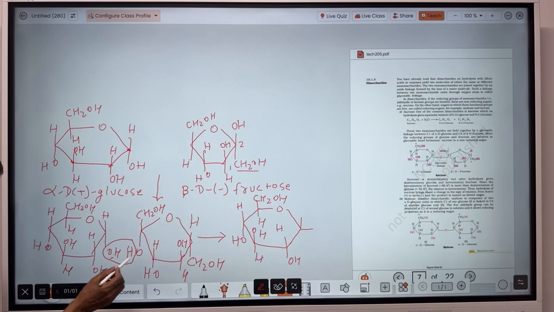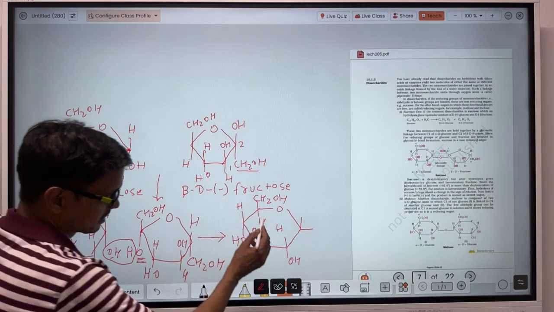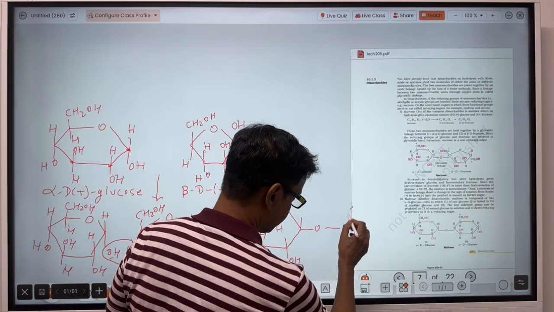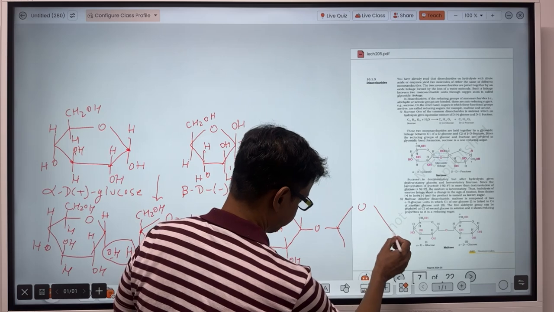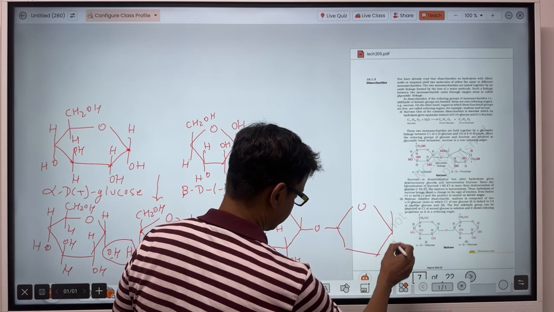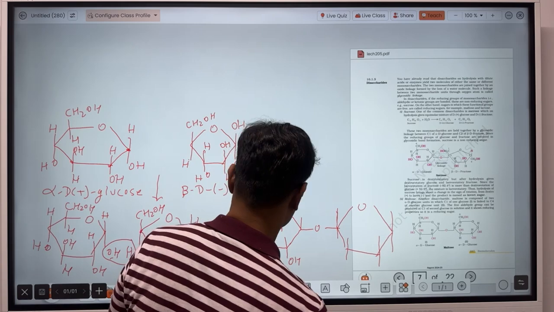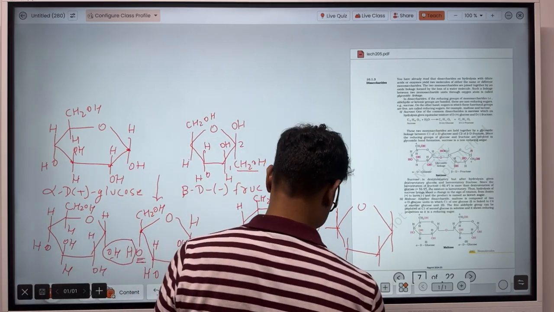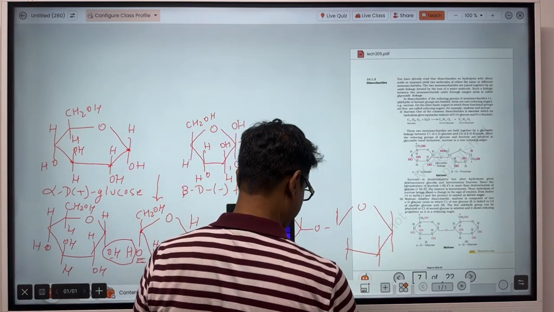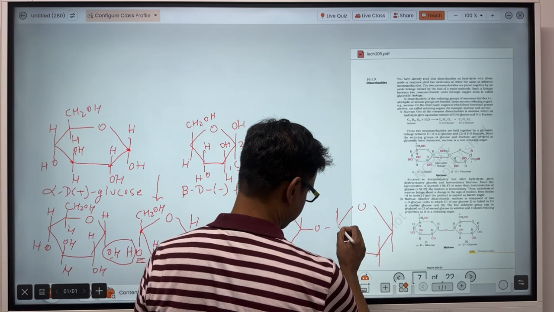When this OH and hydrogen get removed from there, this carbon and this carbon will be bonded through this oxygen. So between glucose and fructose, there will be an oxygen here. Draw the structure here. The remaining portions will be as they are.